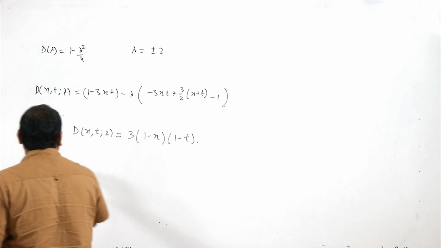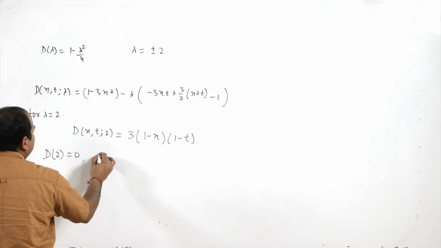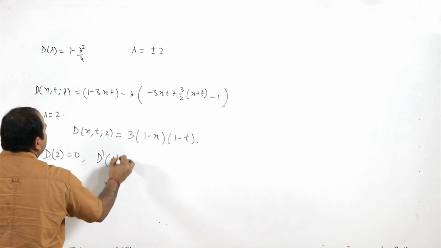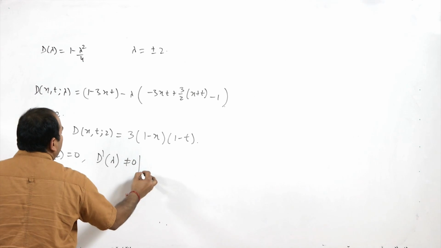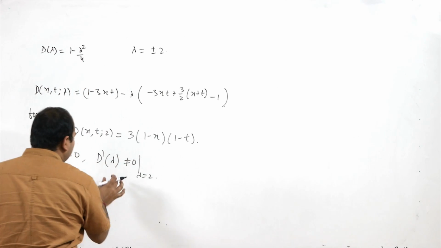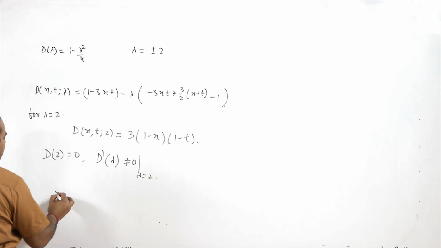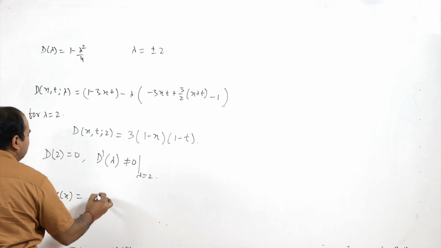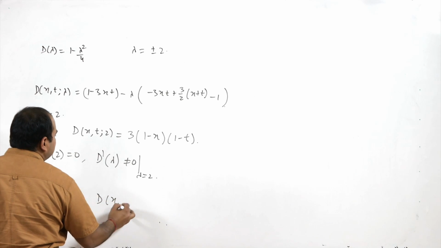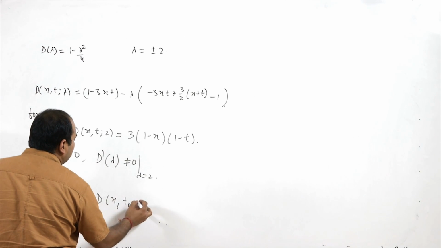So here D of 2 is equal to 0, but D dash lambda is not equal to 0 at lambda equal to 2, which you can easily verify. Then in this case we have already seen that your solution y(x) is given as D of x, some particular value of t, say t naught, and 2.